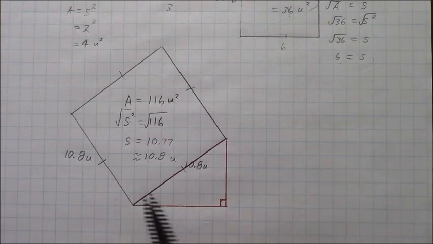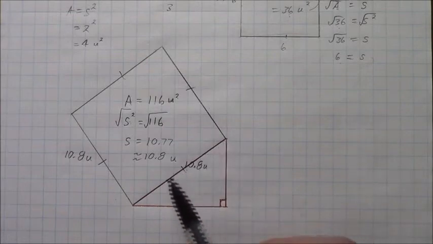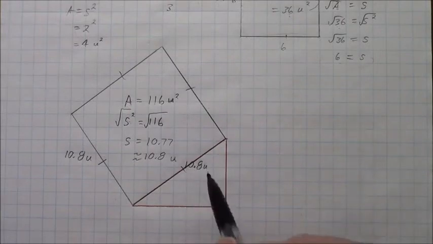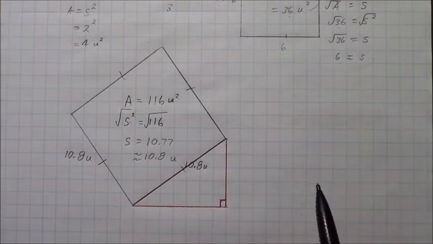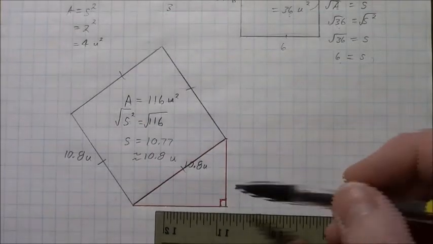And that side length of the square matches up perfectly with the length of the hypotenuse, which now tells us that the length of this hypotenuse of the triangle that I just drew on the edge of that square is 10.8 units long.